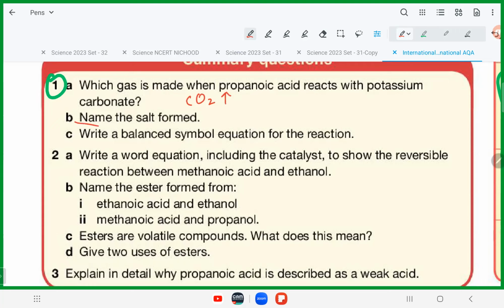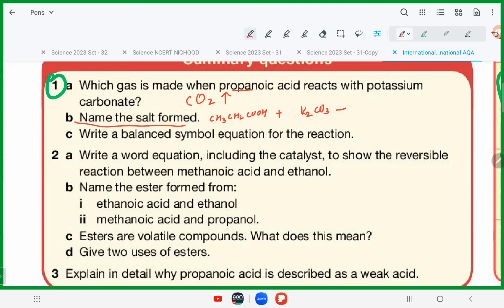Name the salt formed. It's going to be potassium propanoate. Yes, very good.